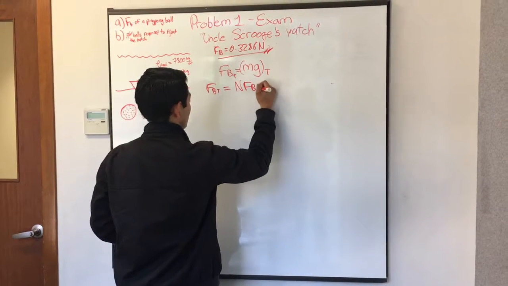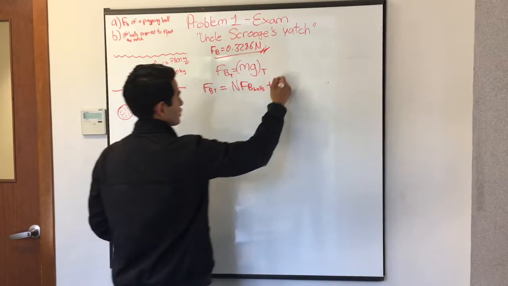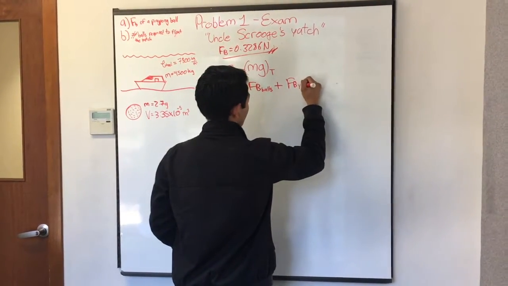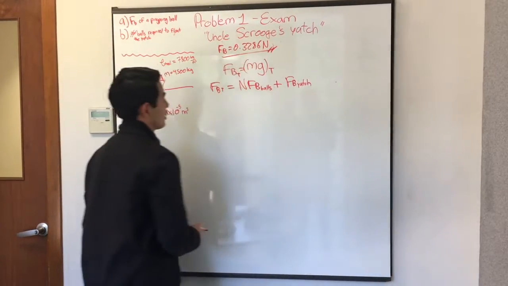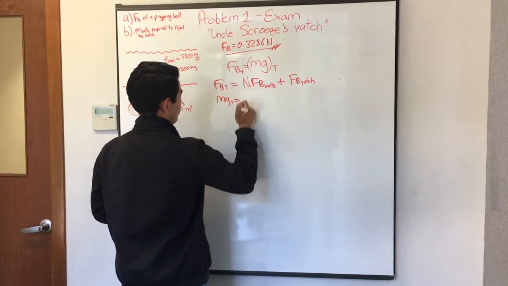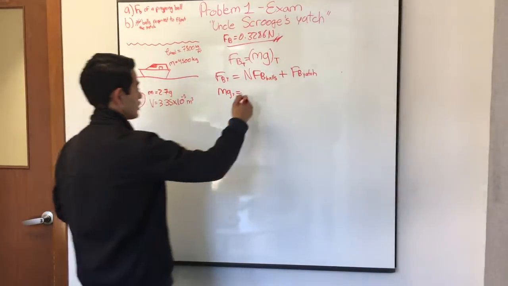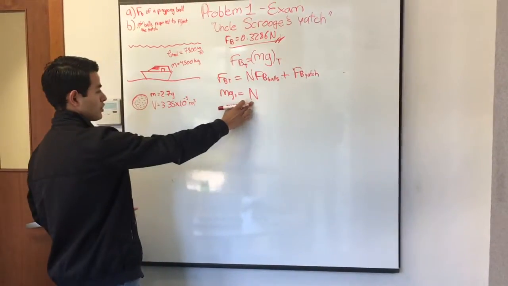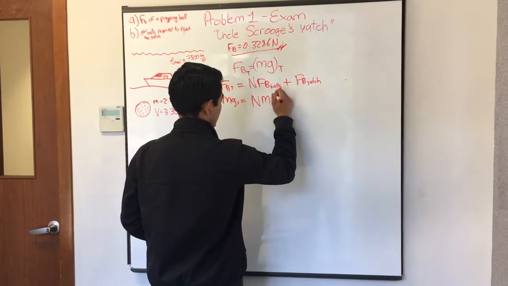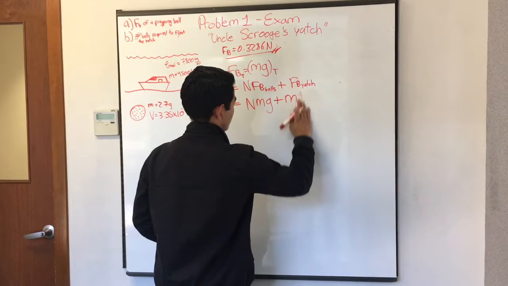So the total buoyant force is n times the buoyant force of each ball, plus the buoyant force of the yacht. And our total weight would be equal to the total number of balls times mass times gravity, plus the weight of the ship.